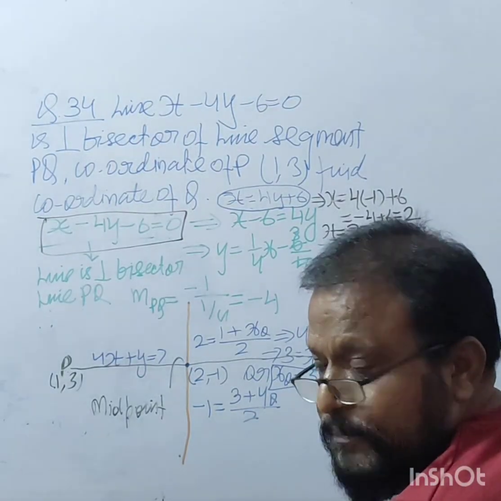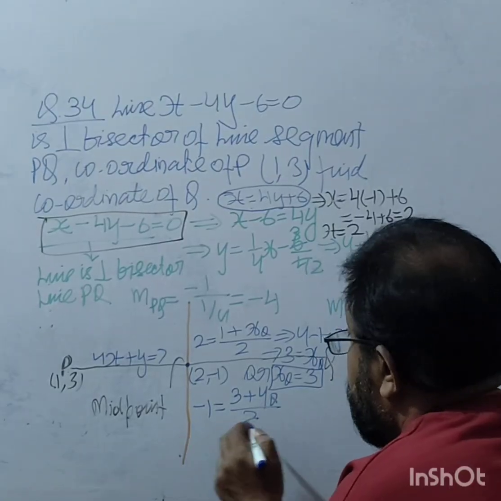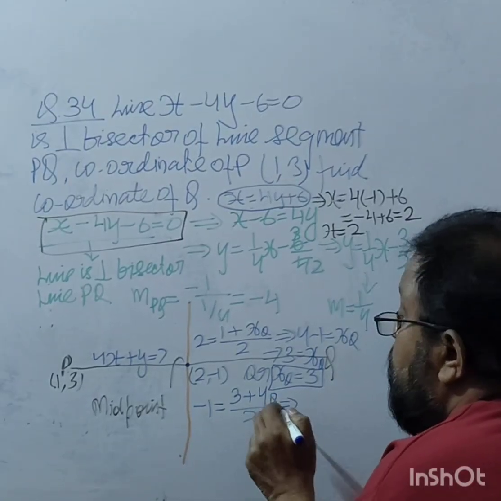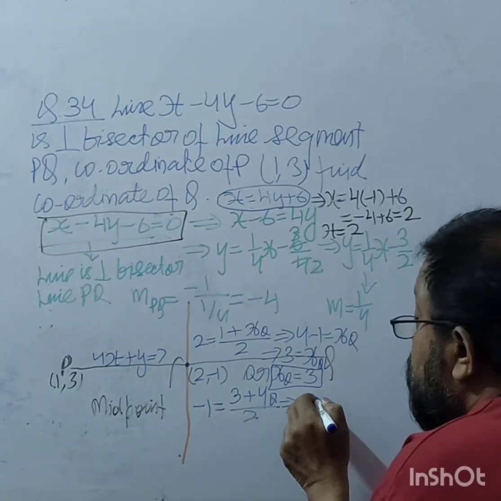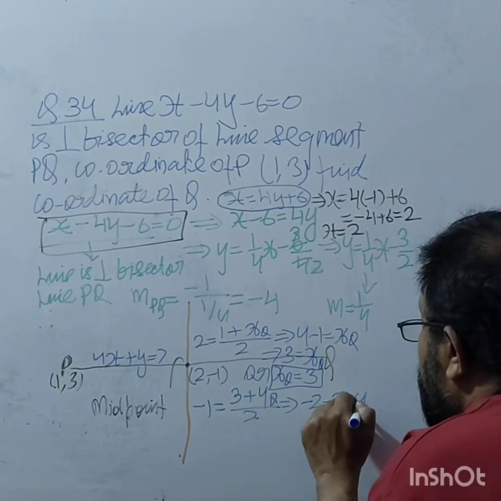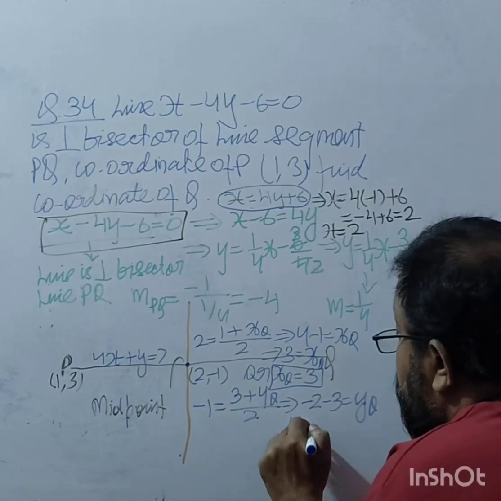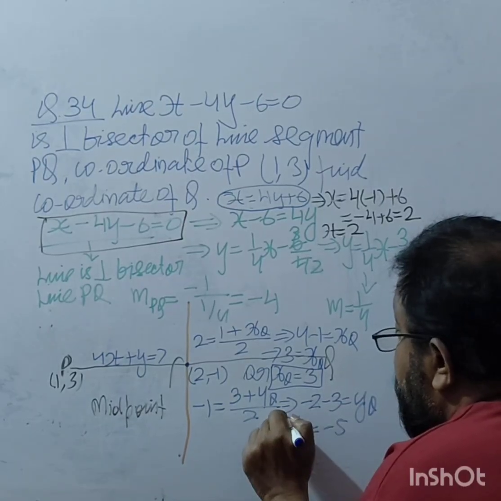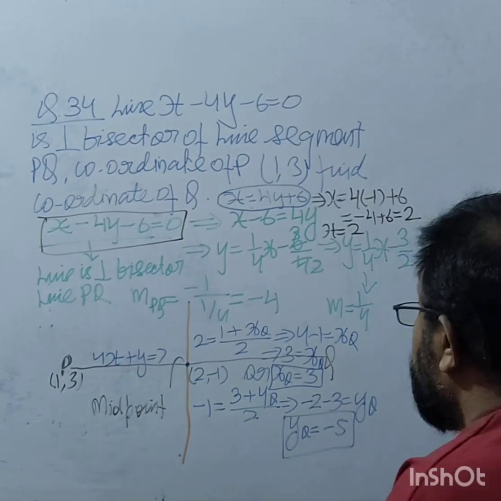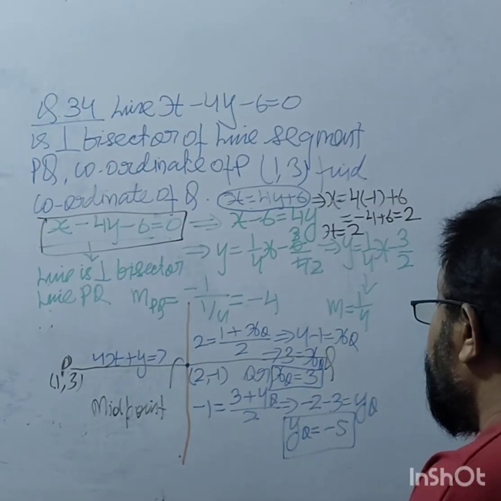So minus 2 minus 3 is equal to y of Q. So y of Q is equal to minus 5, right? x of Q is 3, y of Q is minus 5.